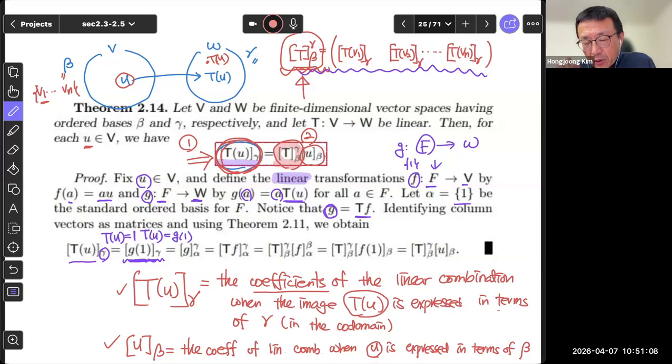I'm just considering the coefficients when G of 1, and 1 is the basis vector of F space, right?